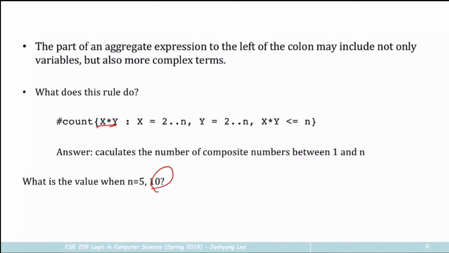I was asking about the value. What does this count function return? Count function returns a number. Okay?